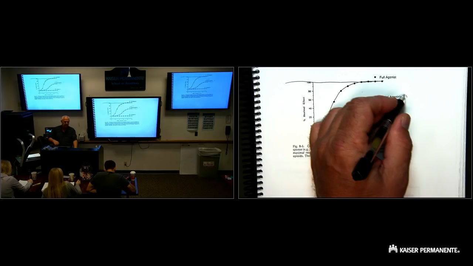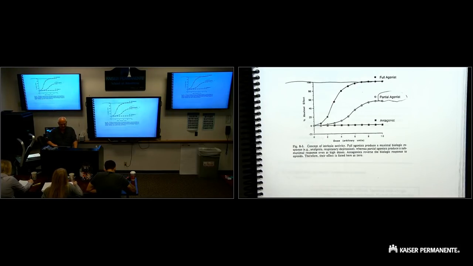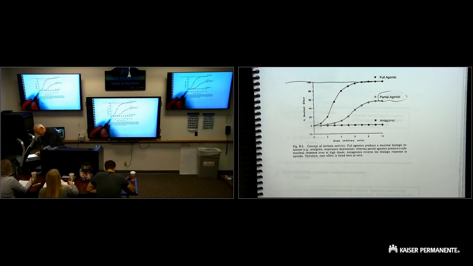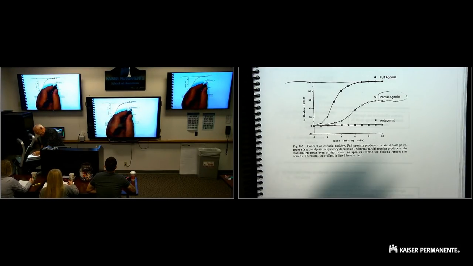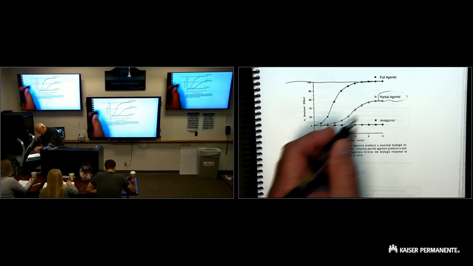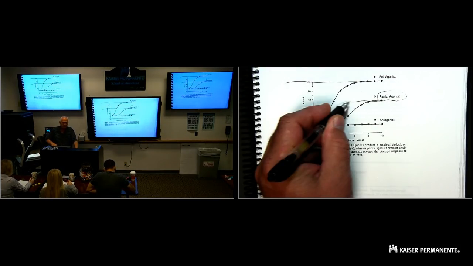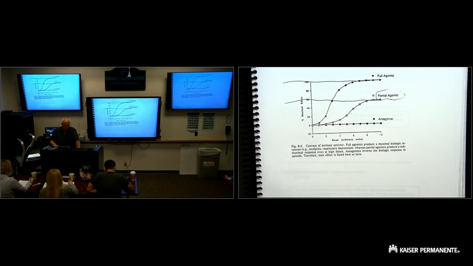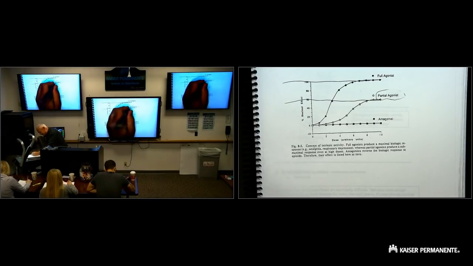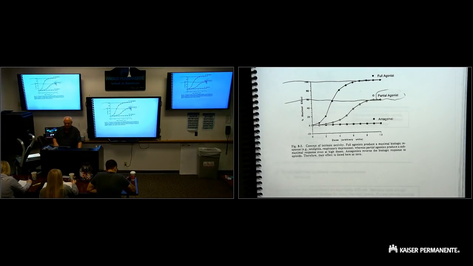Some books call them partial agonists/antagonists. You can see the difference is they cannot reach 100% efficacy. They have a ceiling to their effect. No matter how much you give, you can't get any higher than this amount of analgesia. So they plateau out.